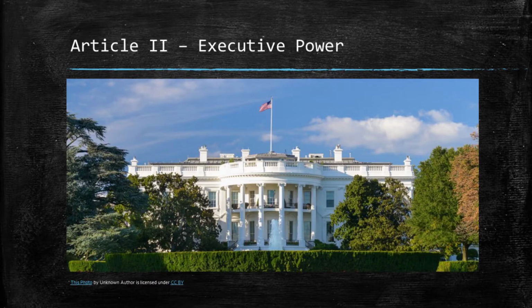Now we're going to move on to the executive branch and what the executive branch can and cannot do. Article 2, Section 1 says the executive power shall be vested in a President of the United States. And in today's world, there is a great deal of debate about what that term executive power actually means. And there are people on both sides of the issue.